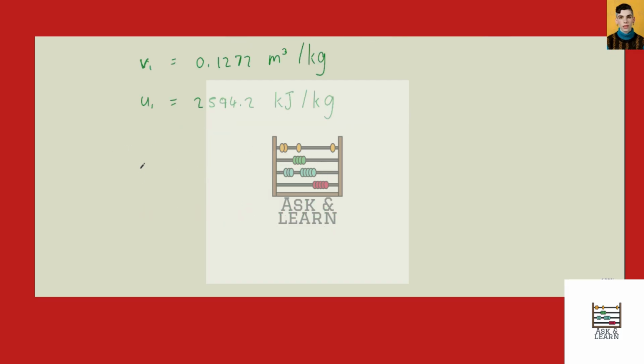Now for state 2, our pressure P2 is the saturation pressure at 50 degrees Celsius. So this is 12.35 kilopascals. Specific volume v2 is equal to vf at 50 degrees Celsius, which is 0.001012 cubic meters per kg.